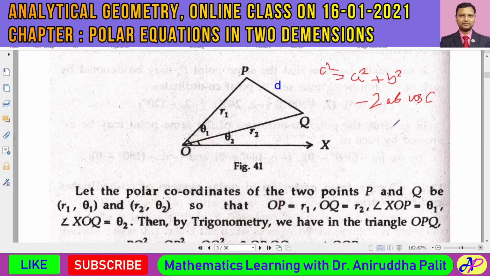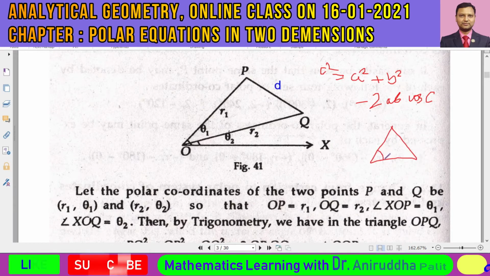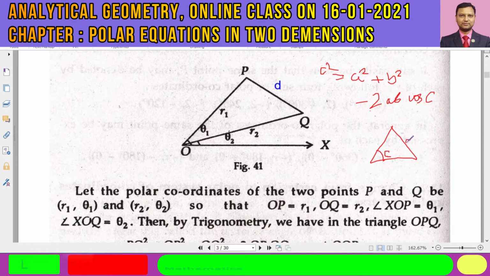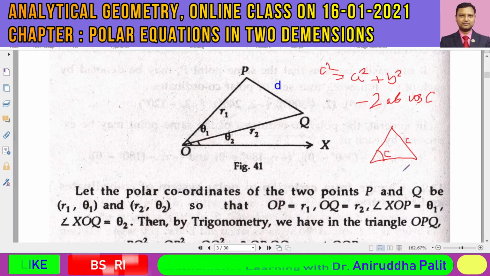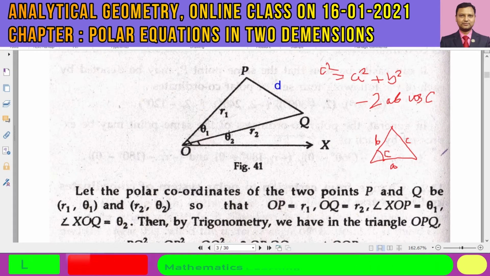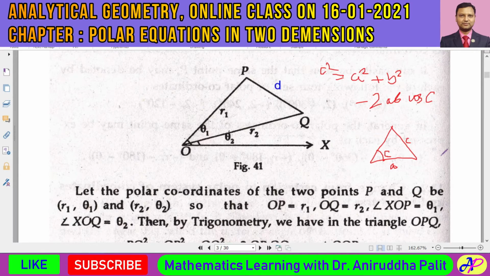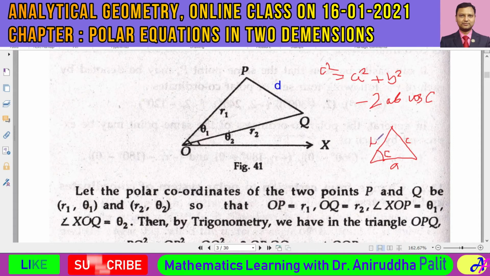This angle C in a triangle is actually the angle opposite to the edge small c. This is the edge a. This is the edge b. Got it? So this is the edge small a and this is the edge small b.